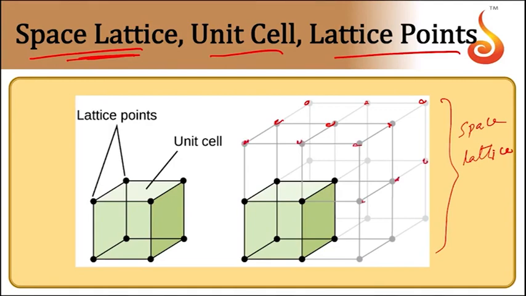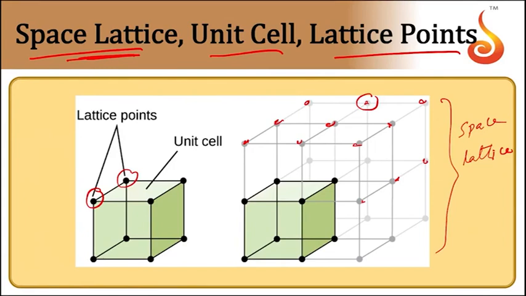A point in a space lattice which represents the constituent particle, which may be an atom, molecule or ion, is called a lattice point. So these are the lattice points, representing the atoms or ions in the space lattice.